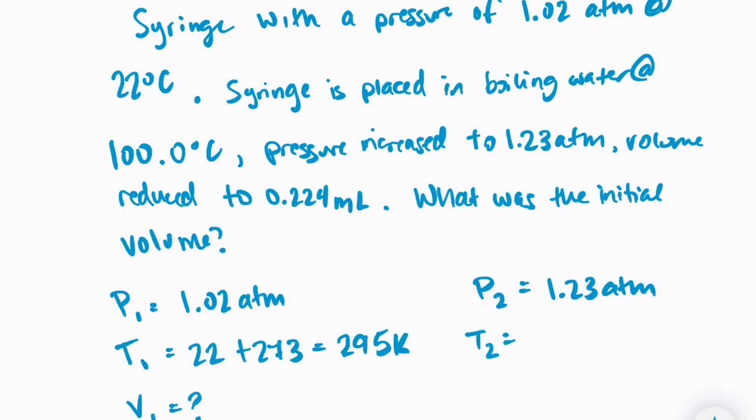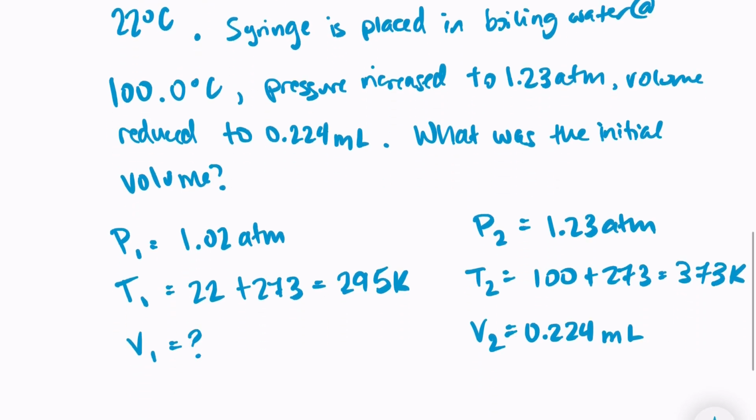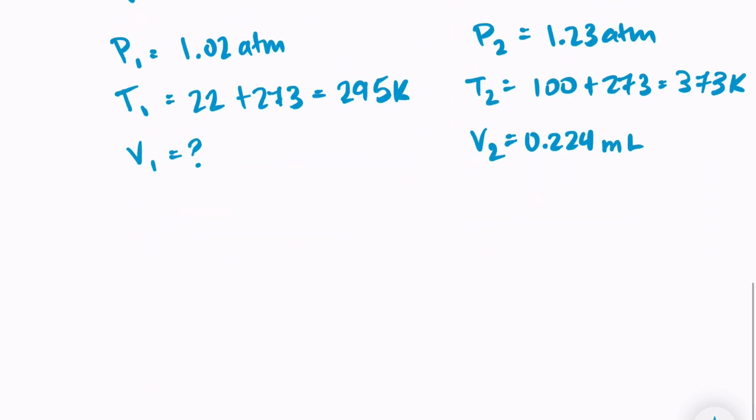T2 is equal to 100 plus 273, which is 373 Kelvin. And V2 is equal to 0.224 milliliters. Our equation is P1 V1 over T1 equals P2 V2 over T2.